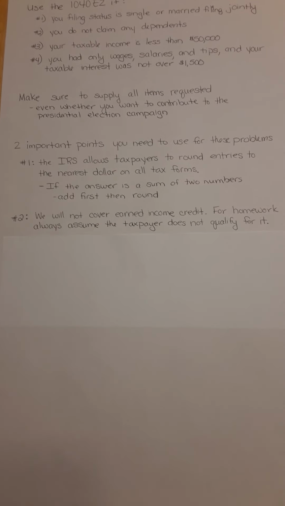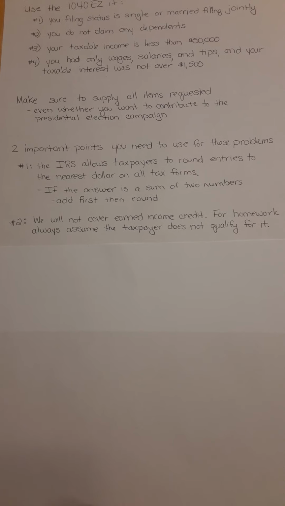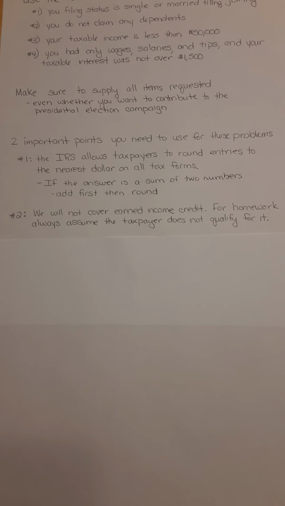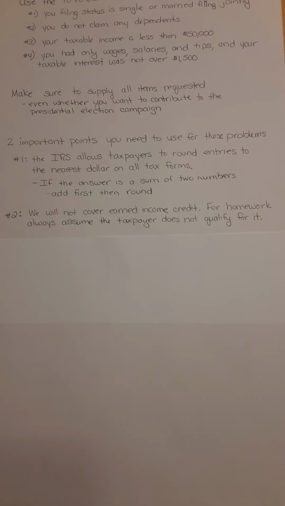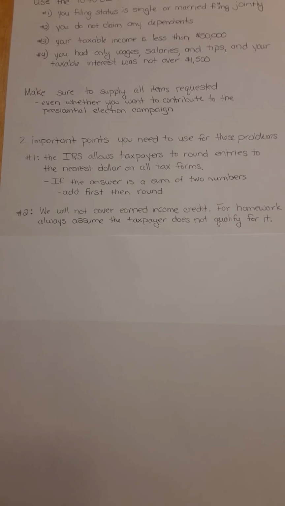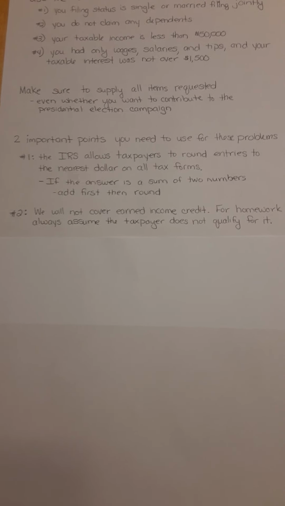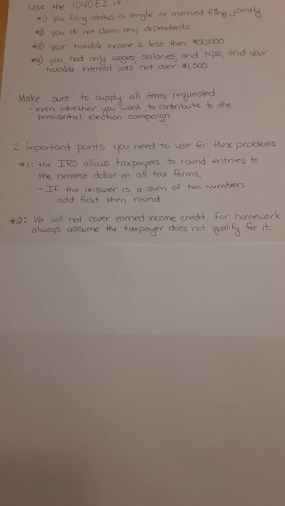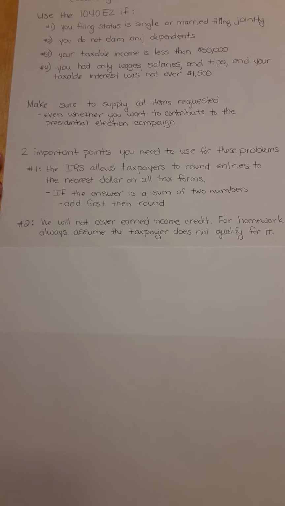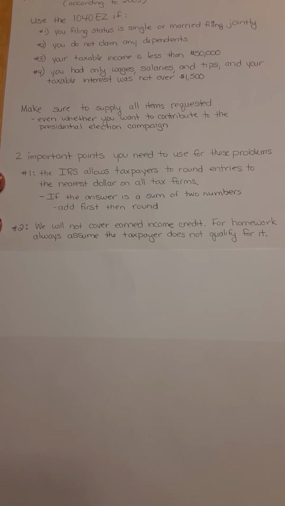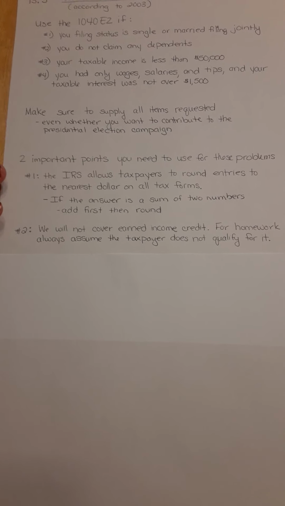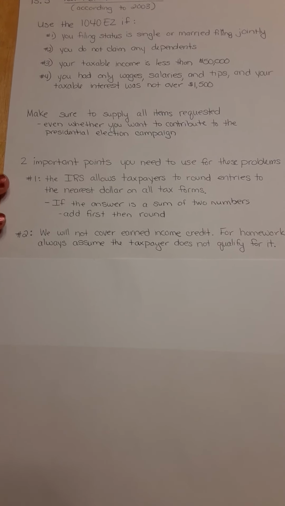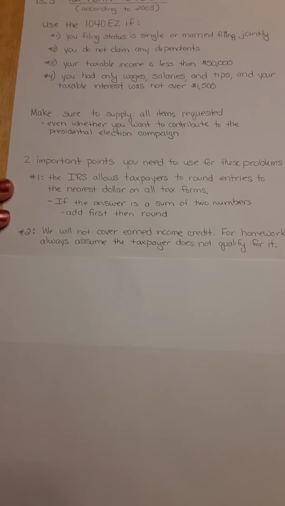Now, there are 2 important things here for our textbook, not specifically in the tax form, but as you're doing your homework for this assignment and all of the assignments for the rest of the section. You need to know that the IRS allows taxpayers to round entries to the nearest dollar on all their tax forms.